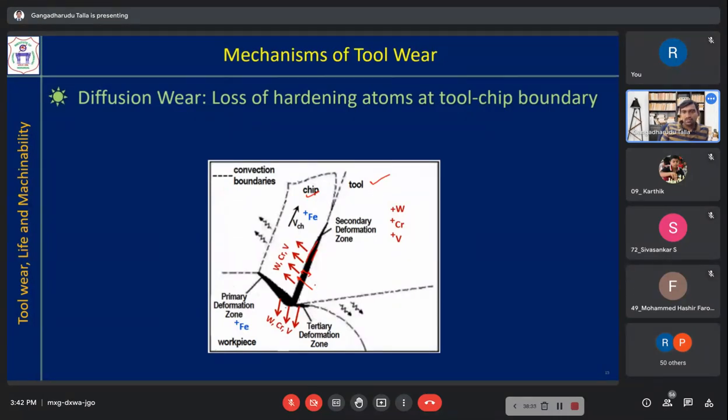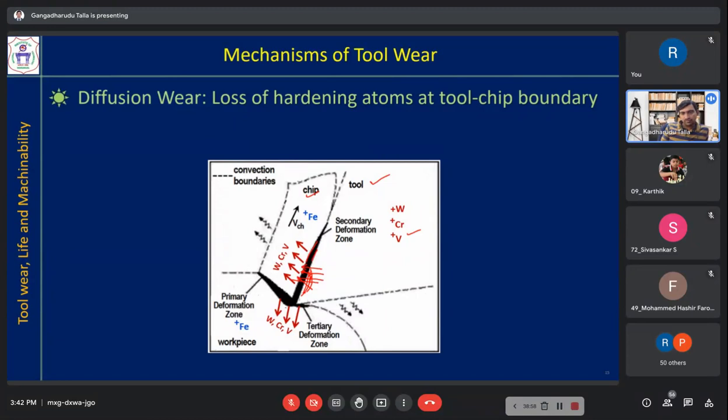Due to this, after some time the tool is losing these hard elements like vanadium, chromium, tungsten. Then the tool will become soft, and it will quickly lose its material, because the hard material is anyhow going through diffusion.